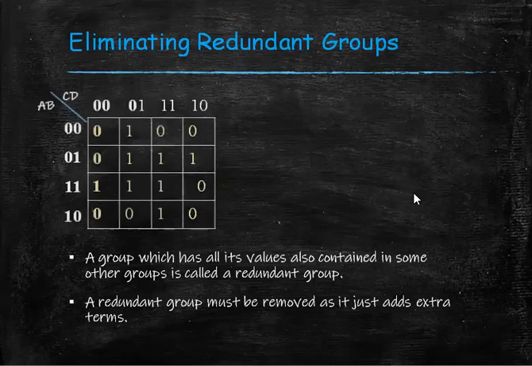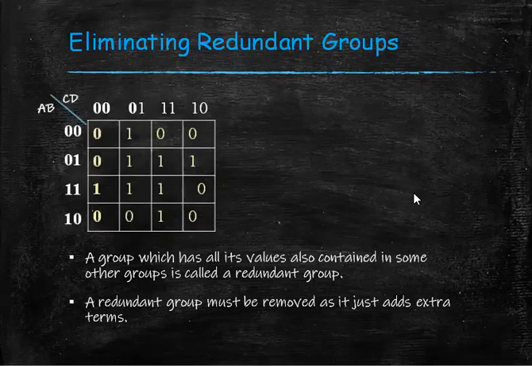For that, consider this K-map. Here there are 1, 2, 3, 4, 5, 6, 7, 8 ones.